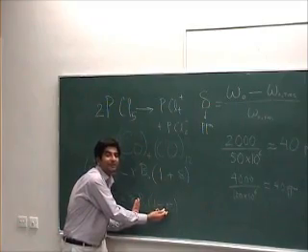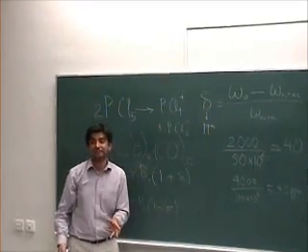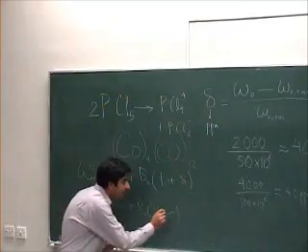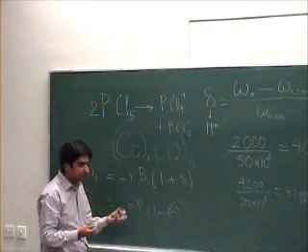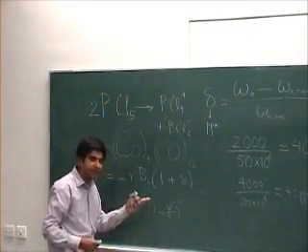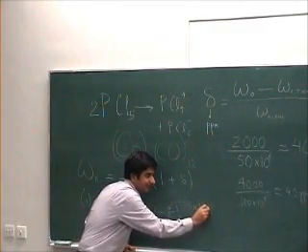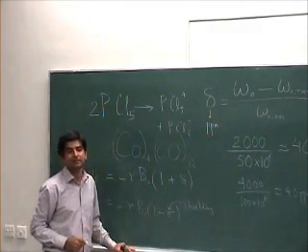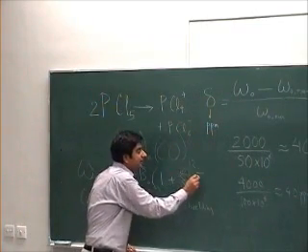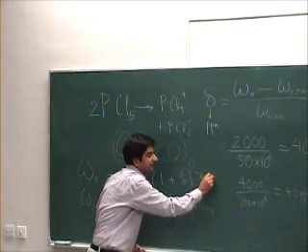So the decrease of the effective magnetic field is like shielding. This parameter, which could be positive or negative, is called the shielding parameter. And this parameter is called the de-shielding parameter.